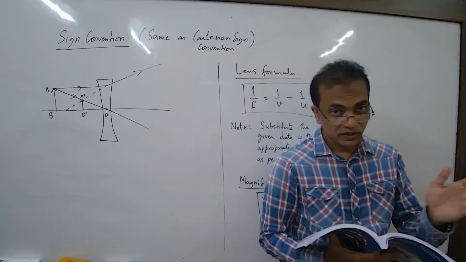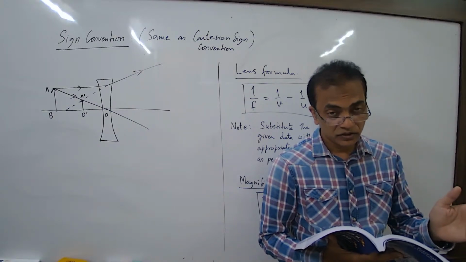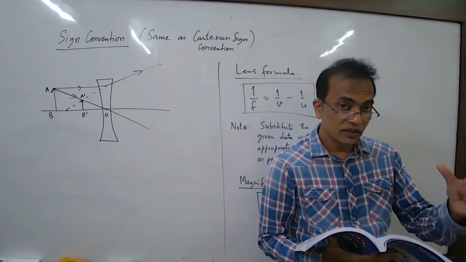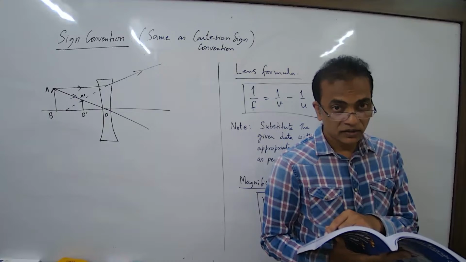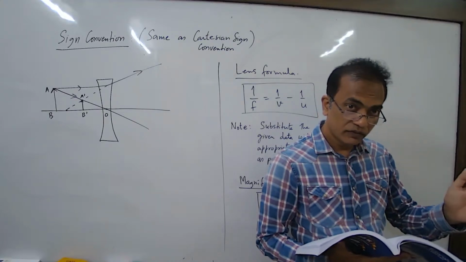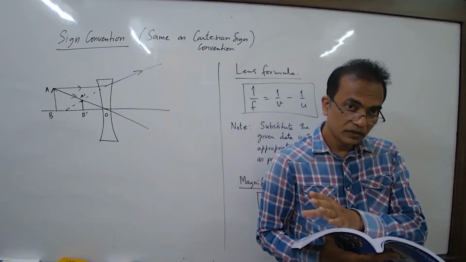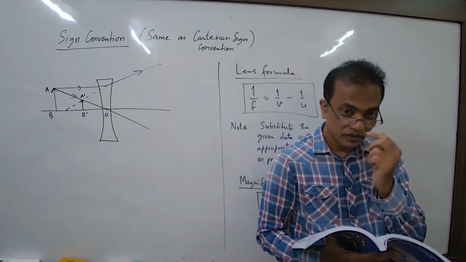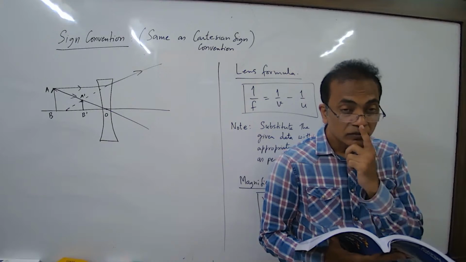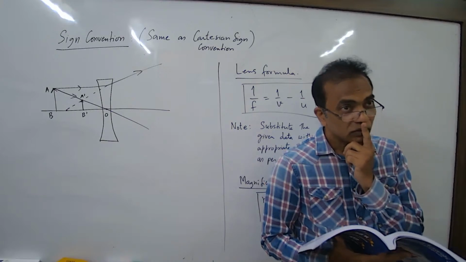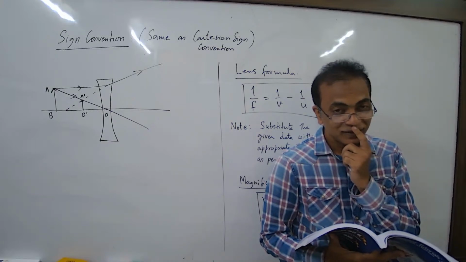So when the object is at C, the image is also at C on the other side. 2F on the left, 2F on the right. Isn't it? Have we not discussed this? Haven't you watched the video lecture afterwards?